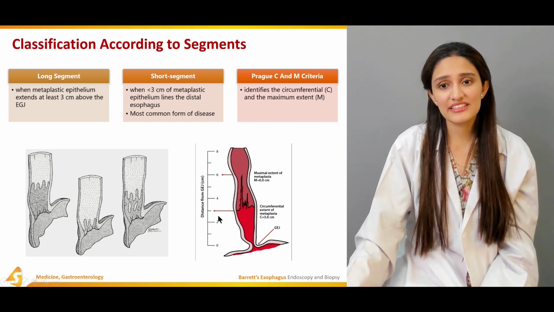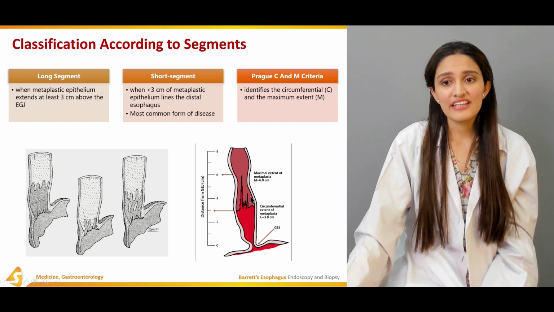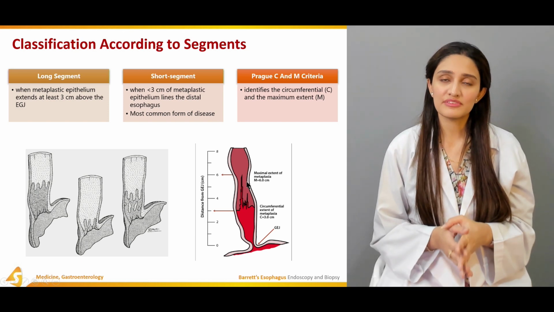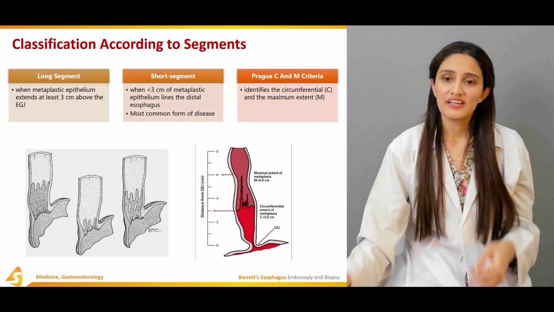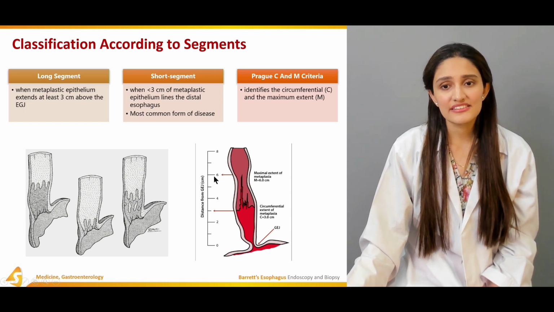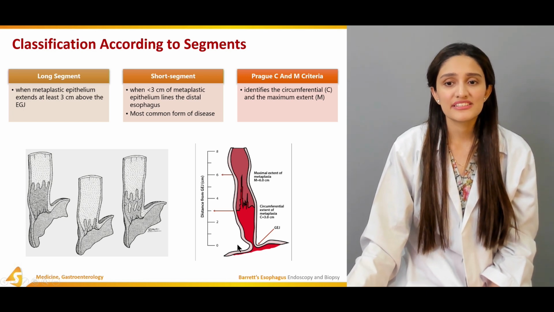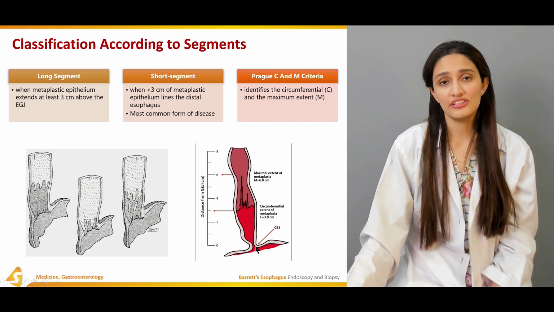And in this, we can measure the distance that it is around 3 centimeters. If we talk about the maximal extent of the metaplasia, that is, how far the metaplasia has extended, this is called M. And as you can see in this scale, it is around 6 centimeters because it has extended almost up to 6 centimeters from the esophagogastric junction.